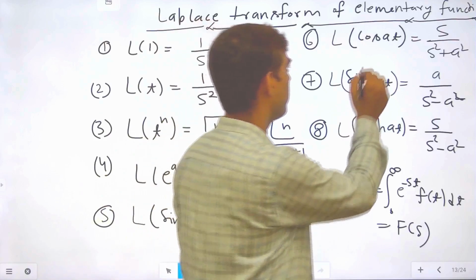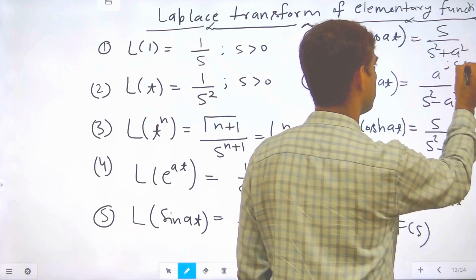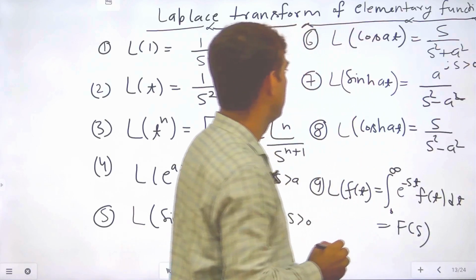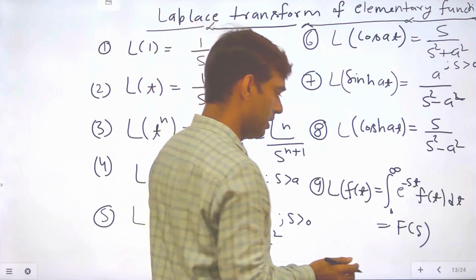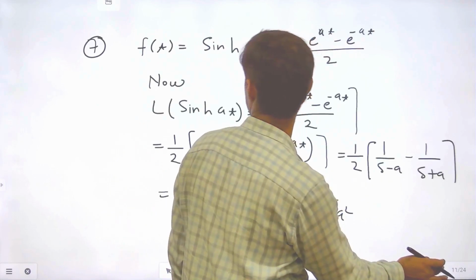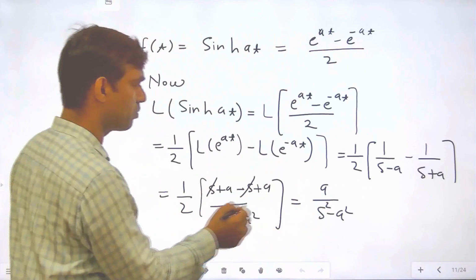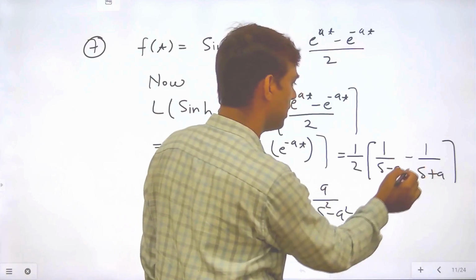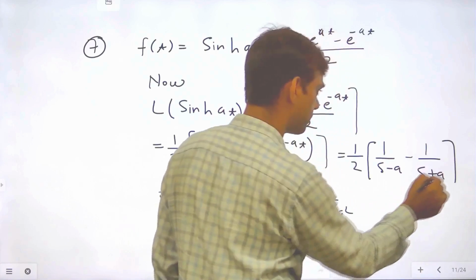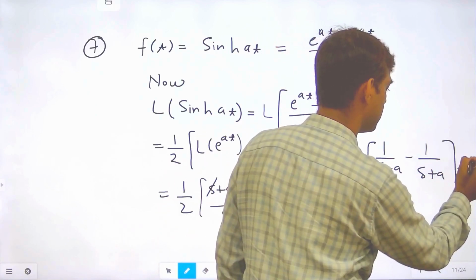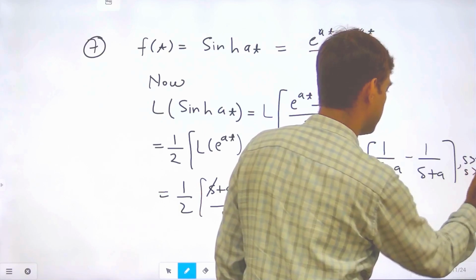Similarly, for the Laplace transform of cos at, s must be greater than 0. In case of the Laplace transform of sine hyperbolic at, we have s minus a and s plus a, so s must be greater than plus a, and s is greater than minus a.